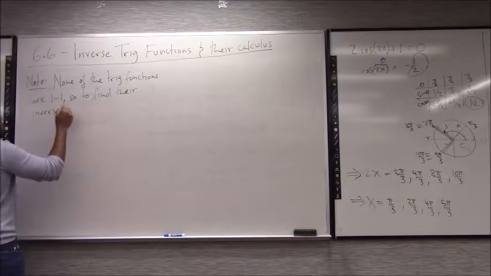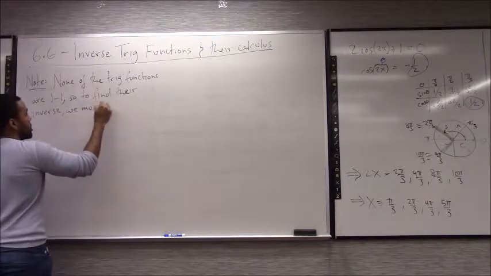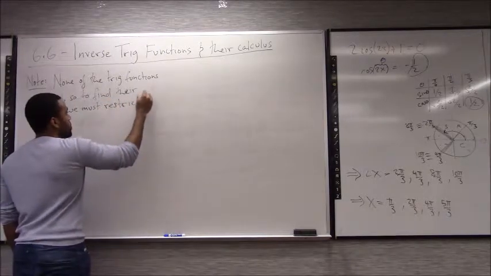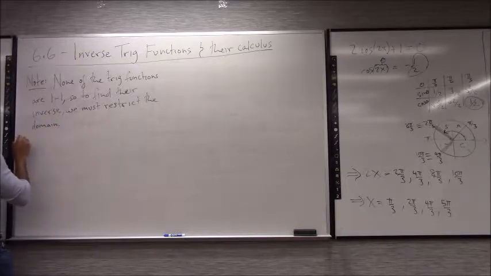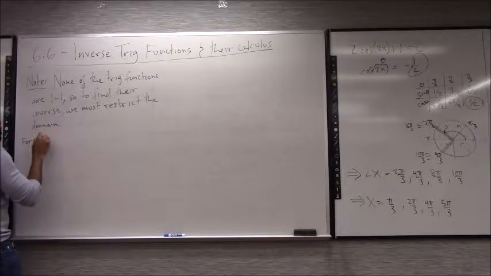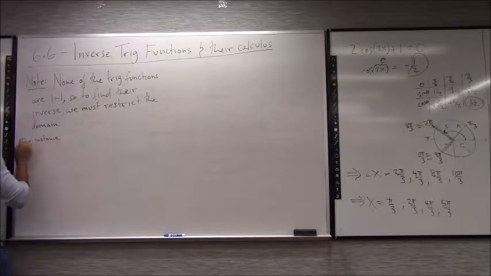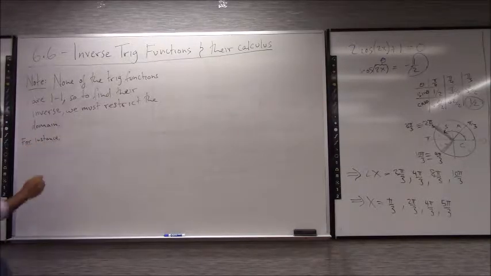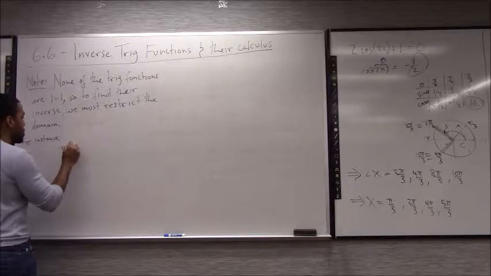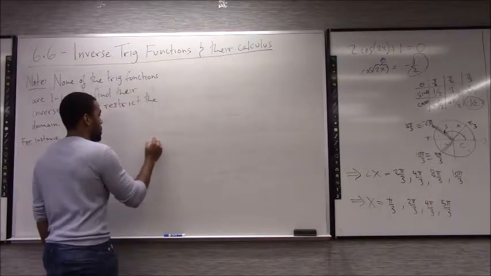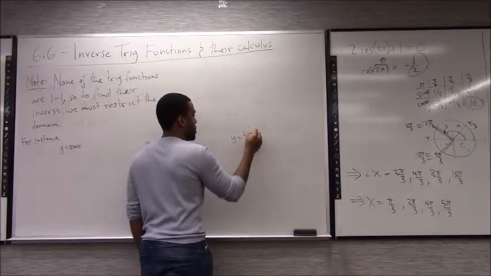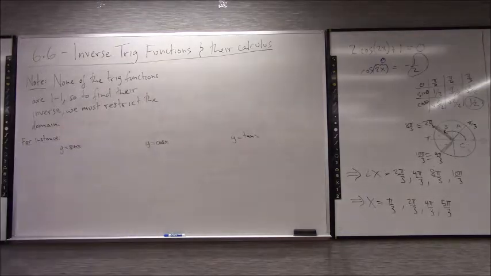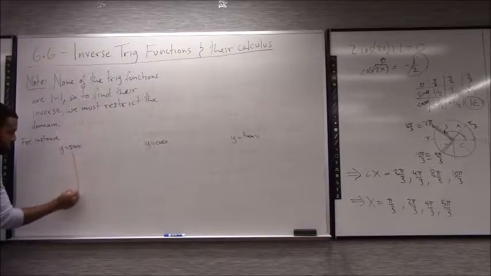So to find their inverse, we must restrict the domain. For instance, I'm going to restrict the domain for y equals sine, y equals cosine, and y equals tangent. So we decided to restrict the domain in special ways here.